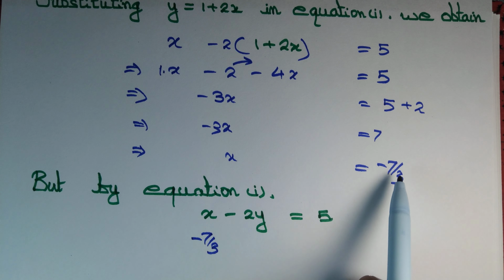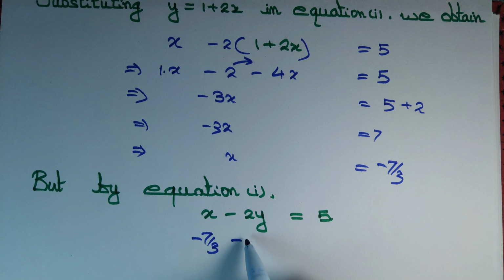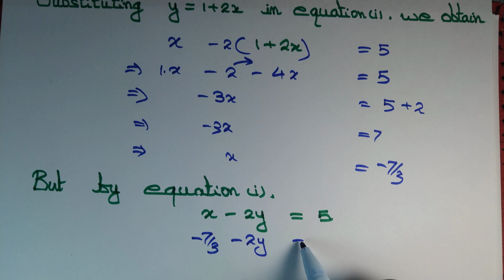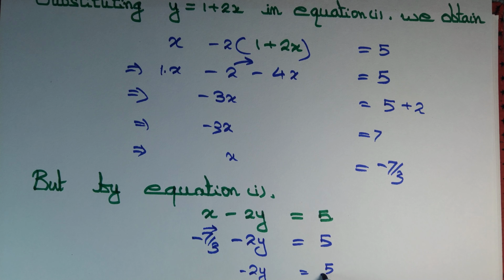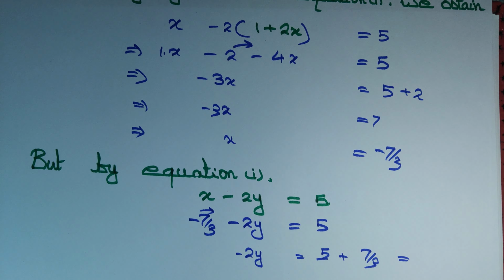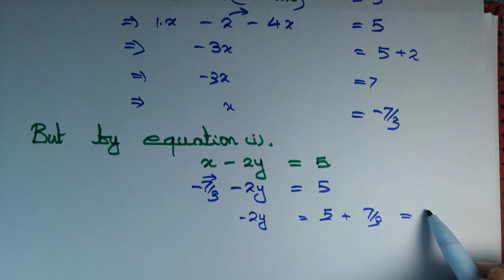We simply know the value of x equal to minus 7 by 3. We take the number once again to the right hand side. So we obtain minus 2y equal to 5 plus 7 by 3. 5 into 3 is 15. 15 plus 7 by 3 is 22 by 3.